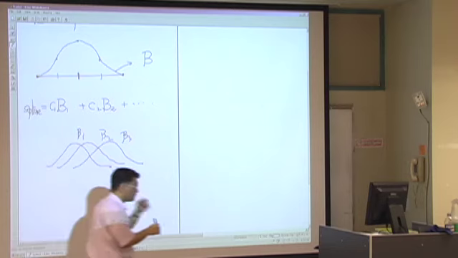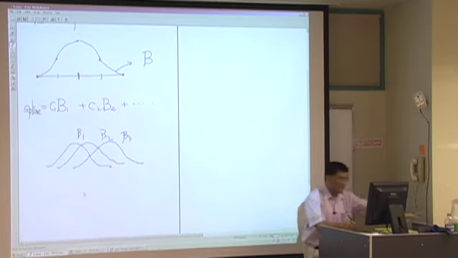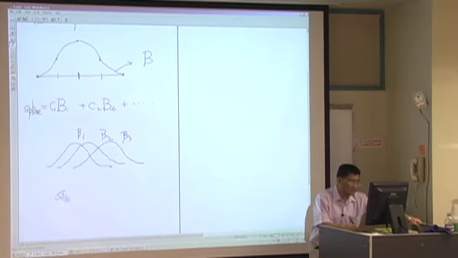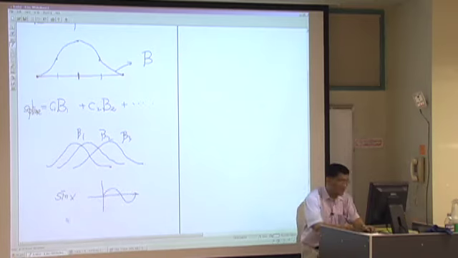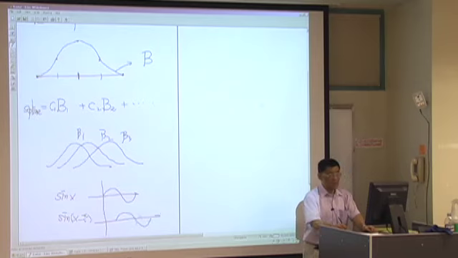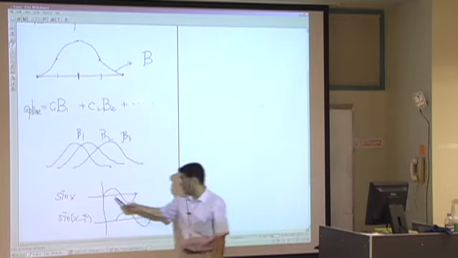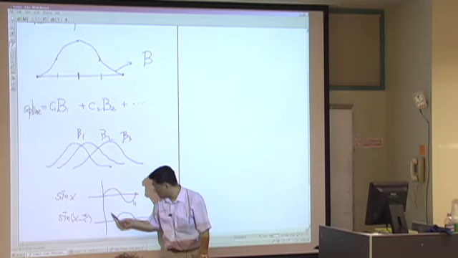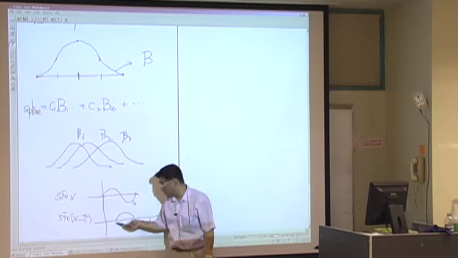For instance, sine x looks like this, right? Sine x minus pi over 2 looks like this. So if we use the same initial starting point, then the shape is the same.